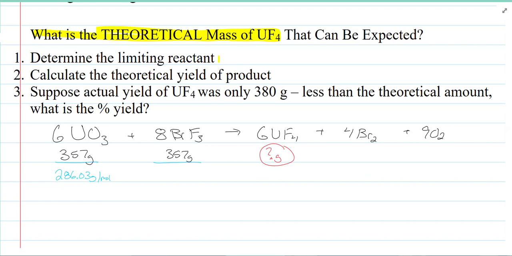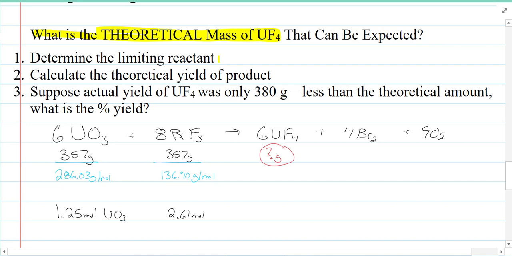I end up with 136.90. Going to moles here, then I get 1.25 moles of UO3, and I get 2.61 moles of BrF3.